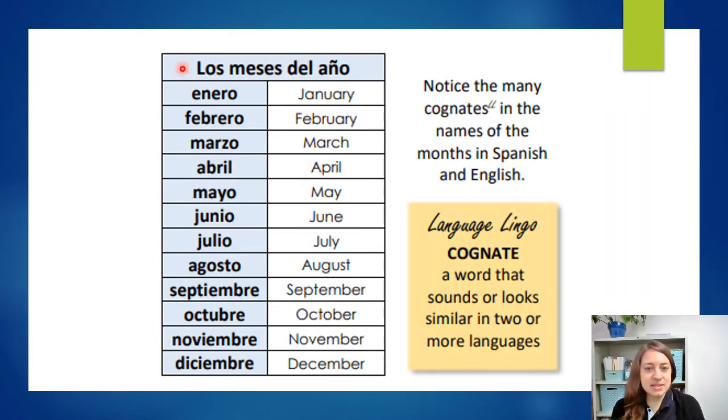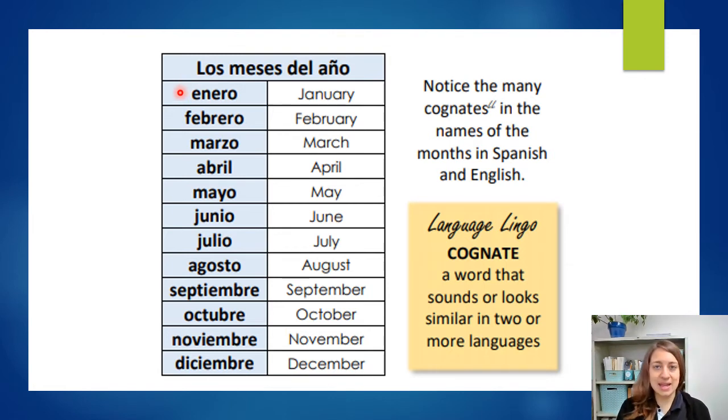All right, so on this slide you will see los meses del año, the months of the year. You're going to copy this chart just like you did for los días de la semana. And what you notice is that almost all of the months of the year are cognates. So the title isn't, but the actual names of the months are.